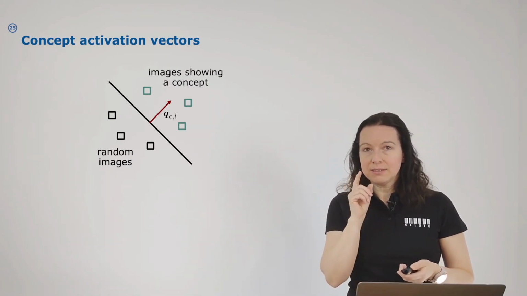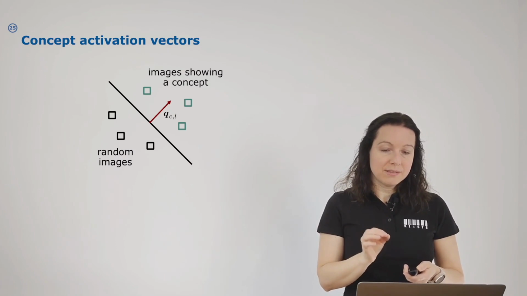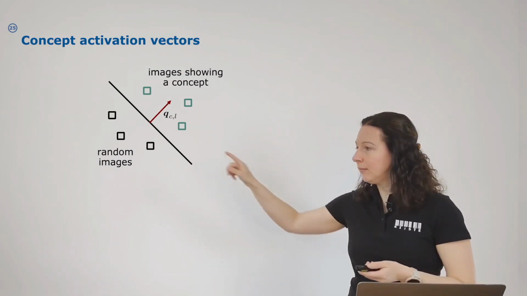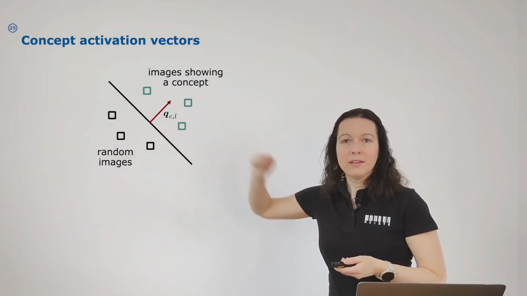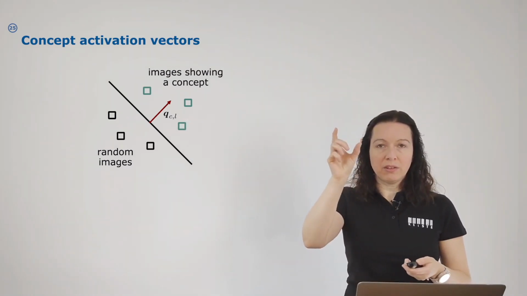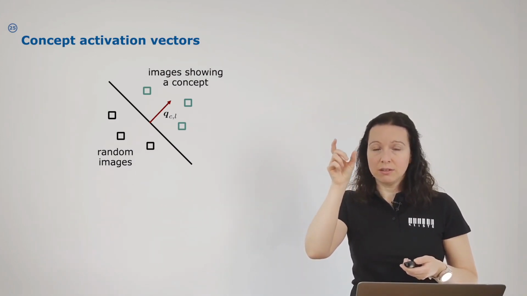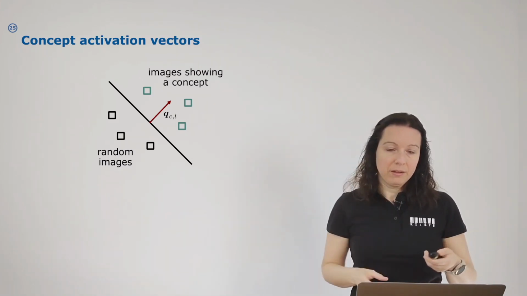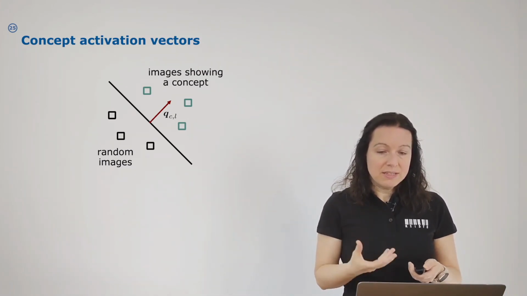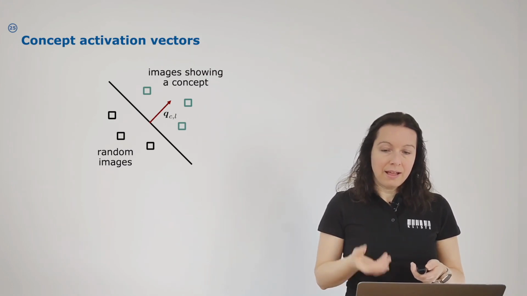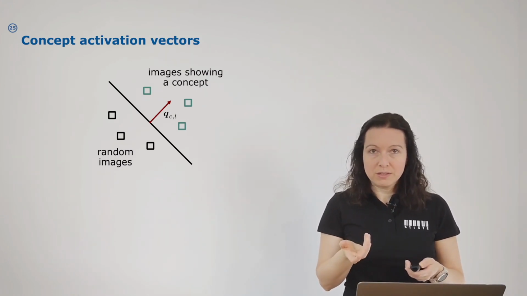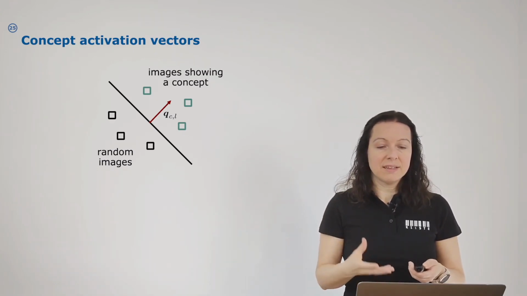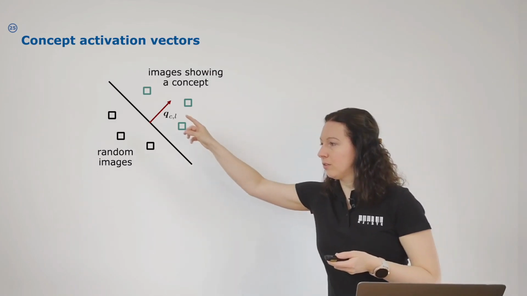The vector that describes the decision hyperplane is QCL, this here. This is the vector standing orthogonal on this linear decision hyperplane, the decision boundary. C is the index for the concept, and L is the index for the layer where we used the representation. And this is exactly the concept activation vector, this one here.